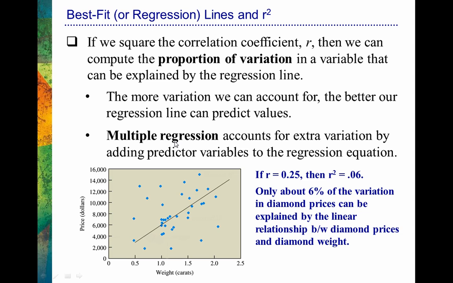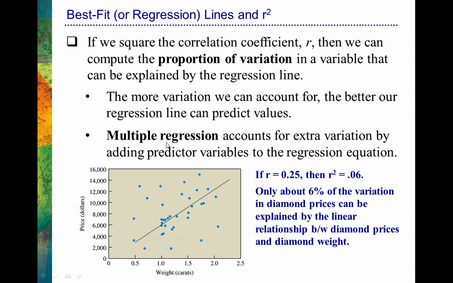Here's an important point. Multiple regression tries to account for extra variation by including other predictor variables. So for example, we can put into an equation not only the weight of the diamond, but also some data for its clarity, for its color, things like that. And the more predictors that I have in that equation, the better I can then predict the value of the diamond. That's what multiple regression is all about.